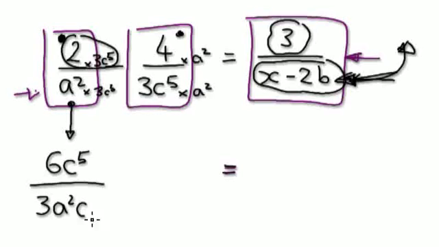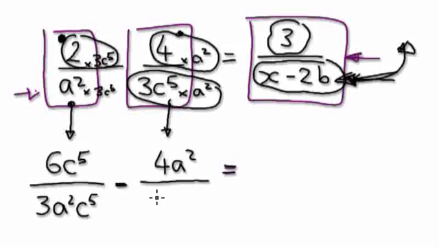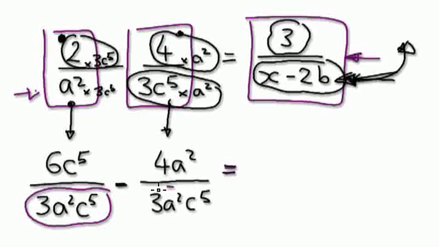So a squared c to the power of 5. Okay, we've got a minus in here, and then this fraction becomes 4 times a squared, which will be 4a squared over, now multiply these two together, so it will be 3a squared c to the power 5. You see the two denominators are the same.